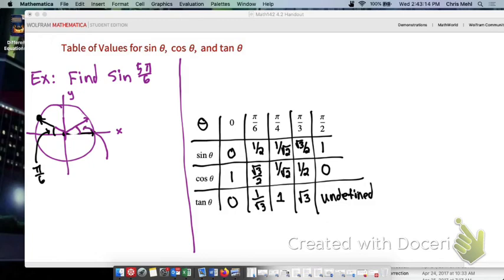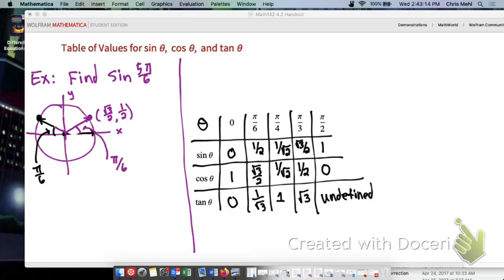This little angle right here is also pi over 6, and we know the coordinates of this point: cosine pi over 6 would be the x-coordinate, root 3 over 2. Sine pi over 6 would be the y-coordinate, which is 1/2.